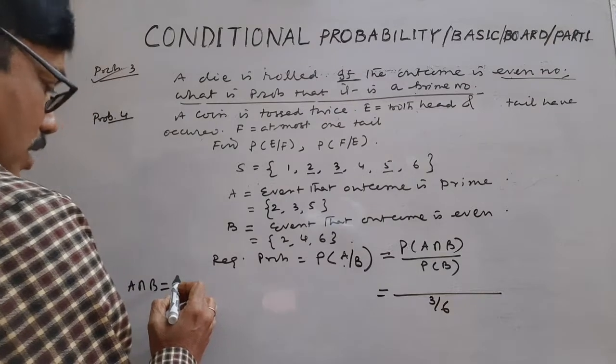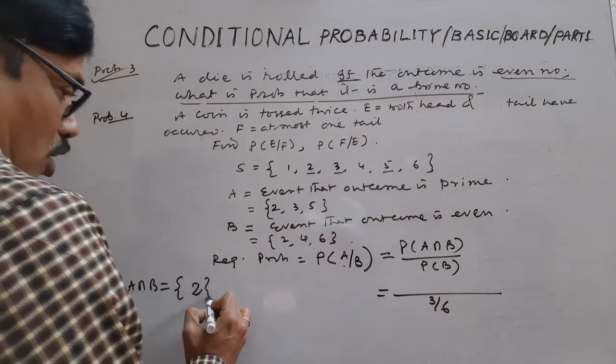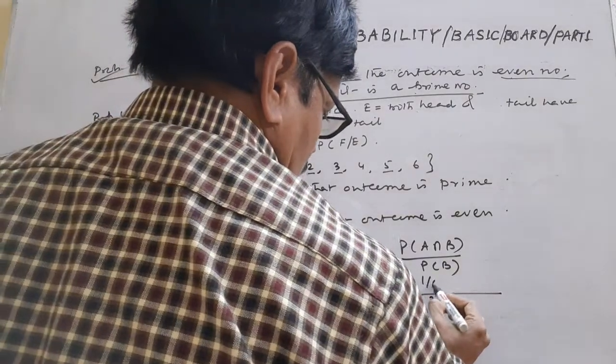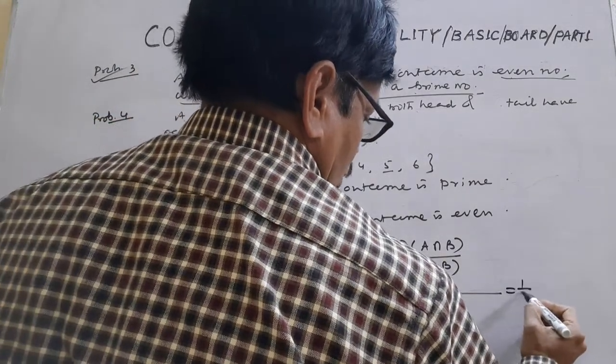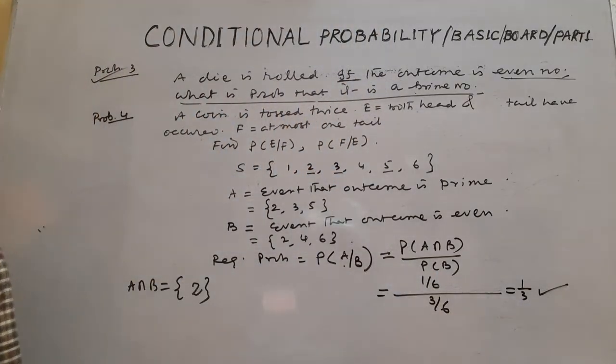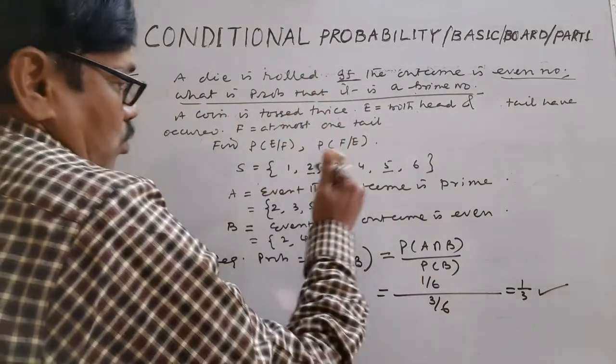The common element is 2 only. So this is 1 by 6. So finally we get 1 by 3. So the answer is 1 by 3. It is the simplest one.